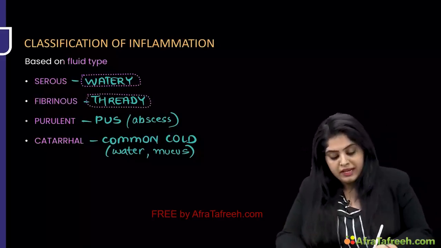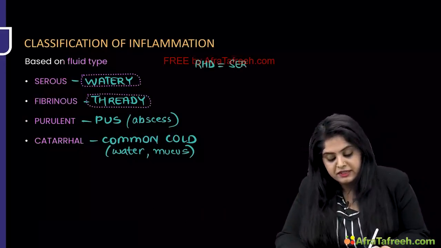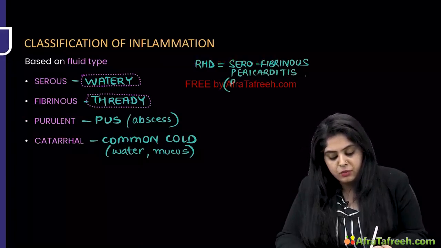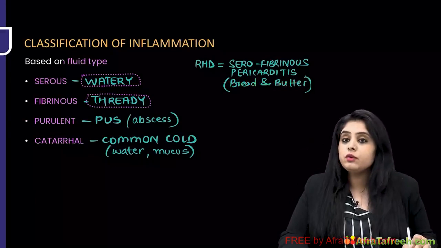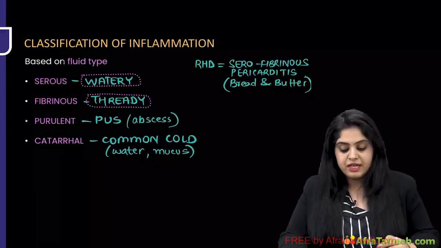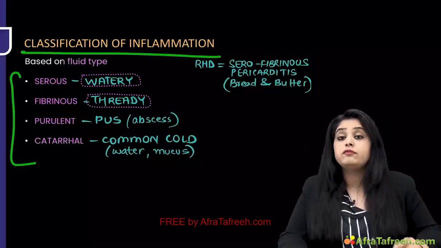So in a case of rheumatic heart disease, you will always see that rheumatic heart disease shows you serofibrinous pericarditis, which is also known as the bread and butter appearance. Very important for you to know in the exam. So these are the different types of inflammation you have based on fluid type.